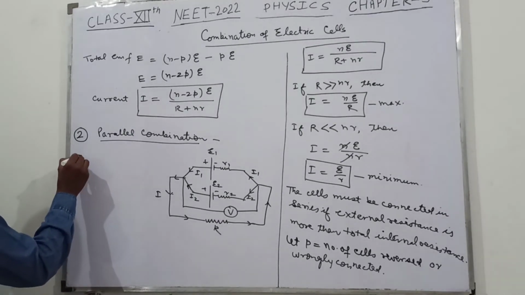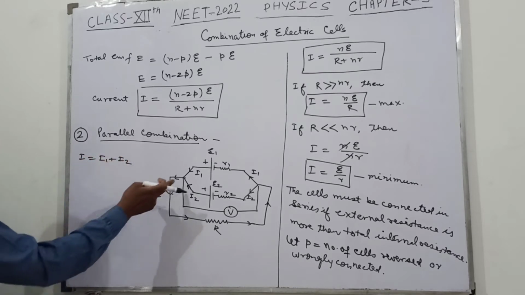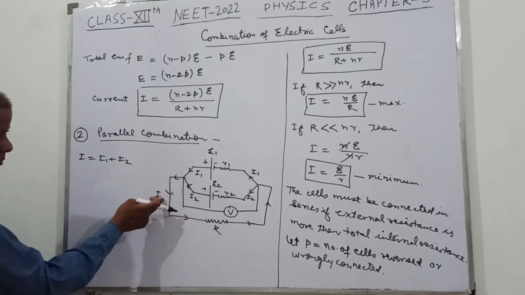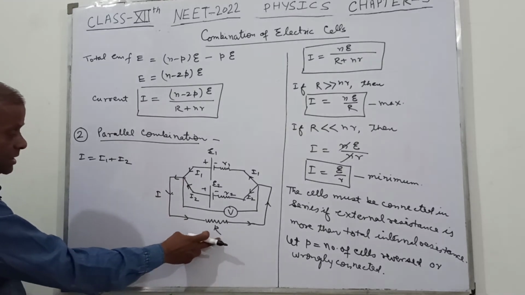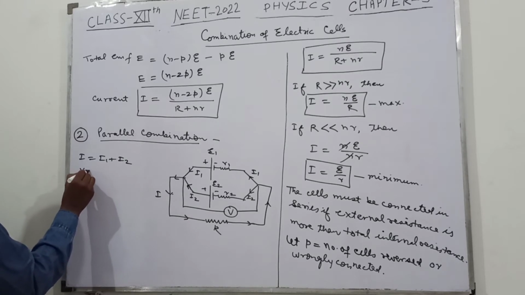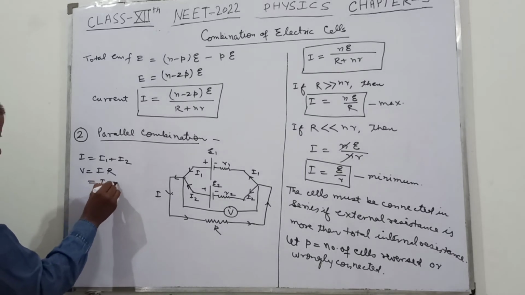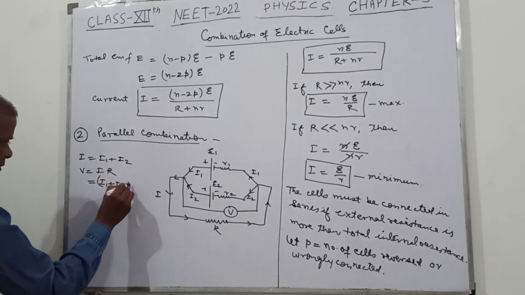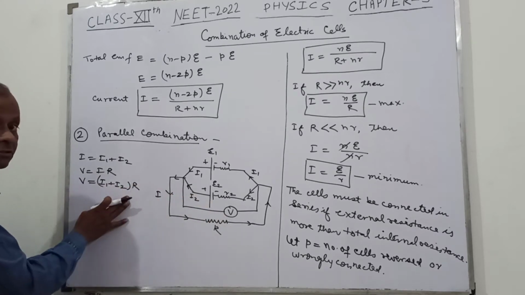Now first is I equal to I1 plus I2. Because this I1 and this I2 will meet and this will make the current I that will pass through this resistance R. So this V is equal to IR and this is equal to I1 plus I2 into R. This is equal to V. Terminal voltage of this to be so much.